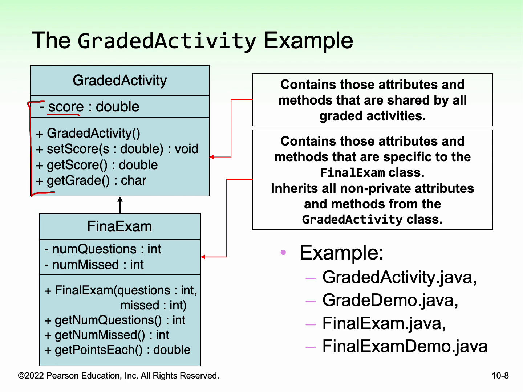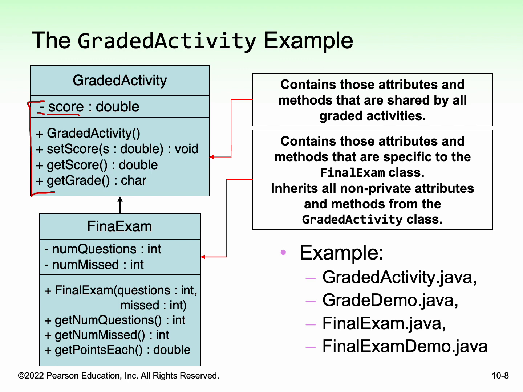We do not even have to name them, as long as those attributes are non-private. The only difference is that this score variable is not going to be passed down to FinalExam because it is private. And how can I tell that it's private? Because there's a minus sign in front of it, and minus stands for private and plus stands for public.